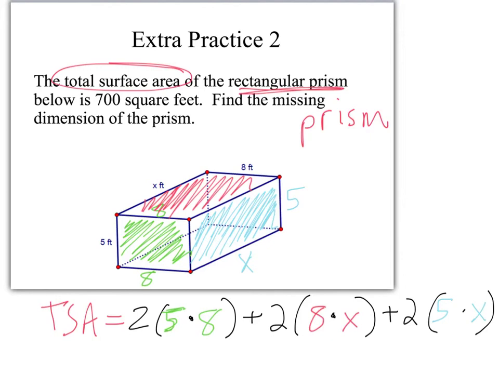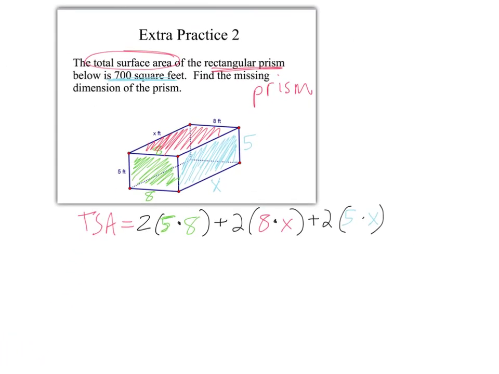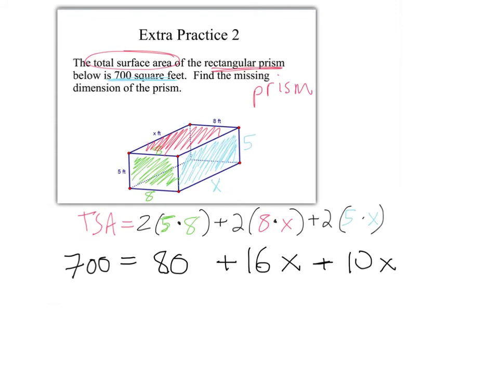So what information haven't I used? Well, they told me the total surface area was 700. So let me put that in for TSA. 700 is, let's simplify this whole thing out and see what we get. I believe we get this. Subtracting 80 from both sides gives me 620.